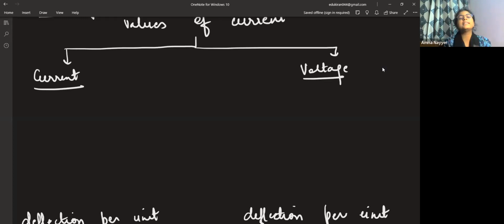Now, one topic is sensitivity of galvanometer. In normal terms also, when do we use the word sensitive? In English literature, when do we use the term sensitive? If I say a person is very sensitive, it means even for a matter that is not very serious, not highly intense, a small change is observed in the person, right?